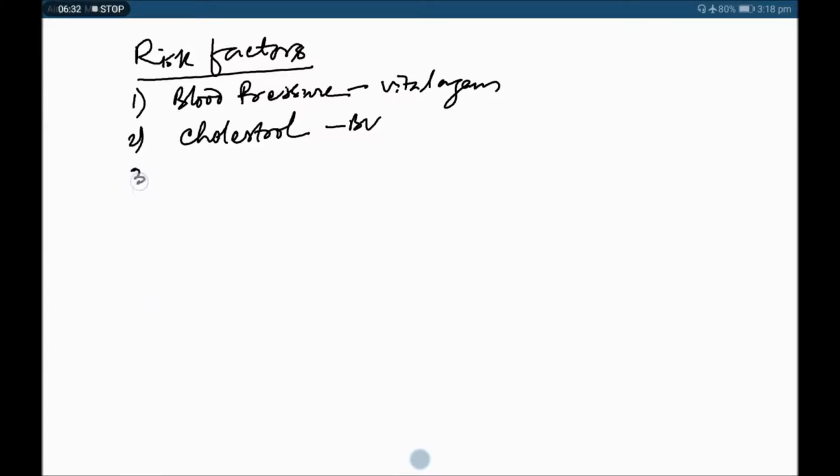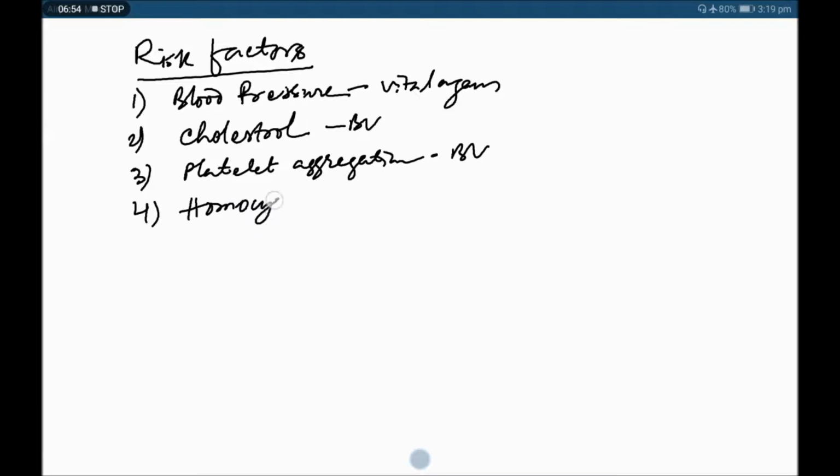The third one is platelet aggregation. Platelet aggregation leads to blocking of blood flow in blood vessels. Another risk factor is homocysteine. Homocysteine is an amino acid found in our blood, and we get it from meat.